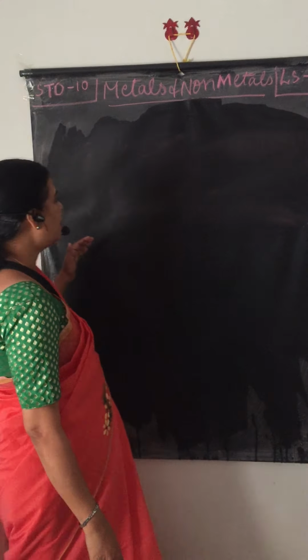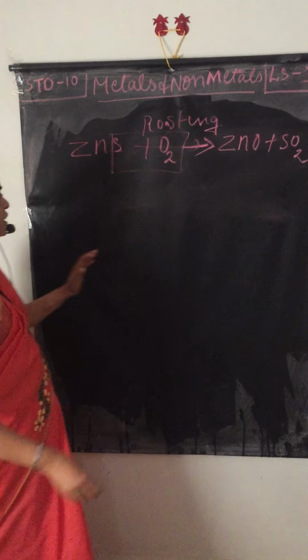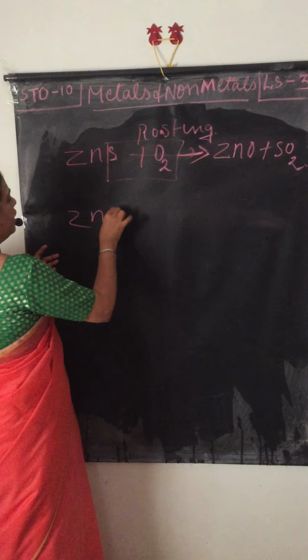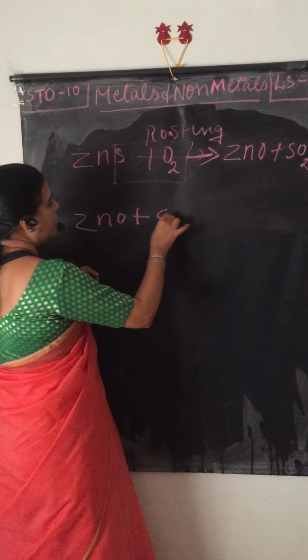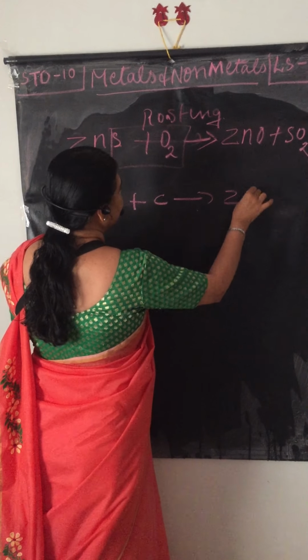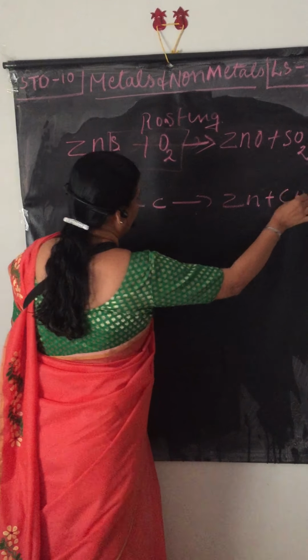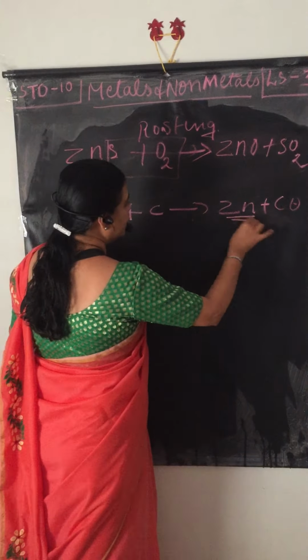So zinc sulfide gets converted into zinc oxide plus sulfur dioxide, and the zinc oxide on reduction with carbon gives zinc and carbon monoxide. Finally, you will get the zinc metal.